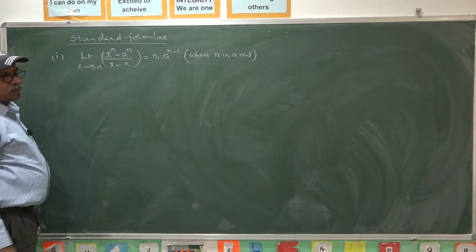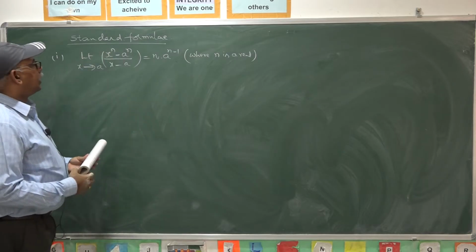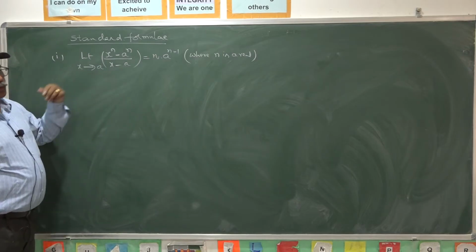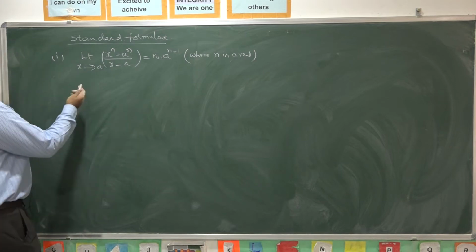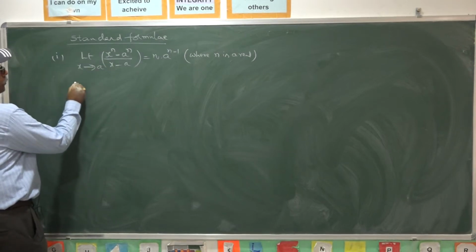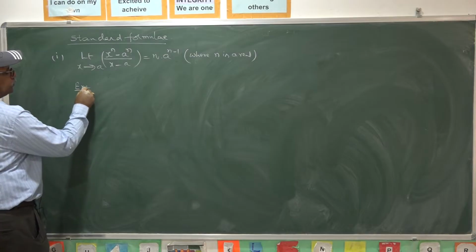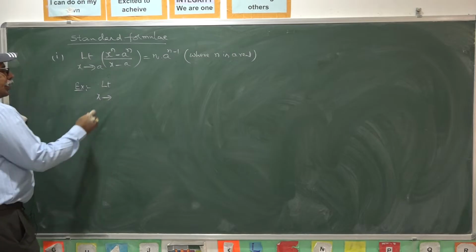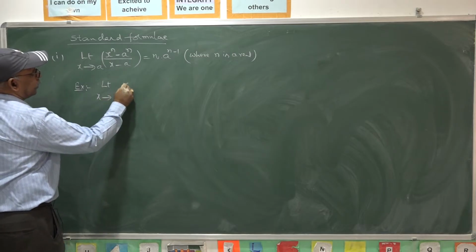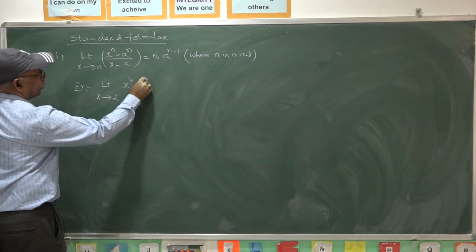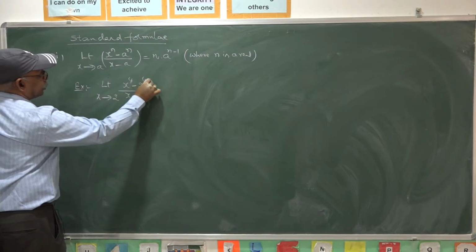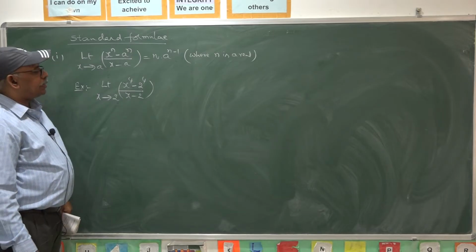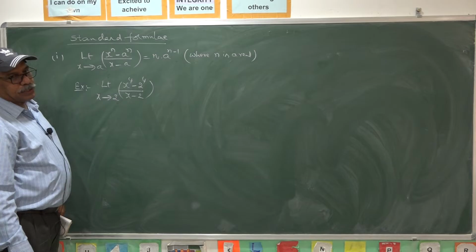This is one important result. In dealing with the limits of algebraic functions exclusively, this formula is very useful. For example, limit x goes to 2, (x^4 minus 2^4) by (x minus 2).